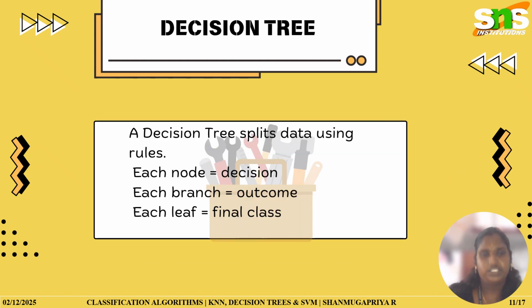Next is the decision tree. Decision trees are used for classification and regression. They branch out the results.